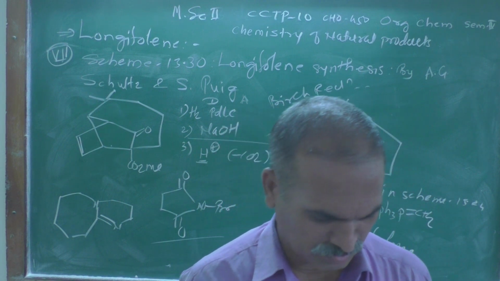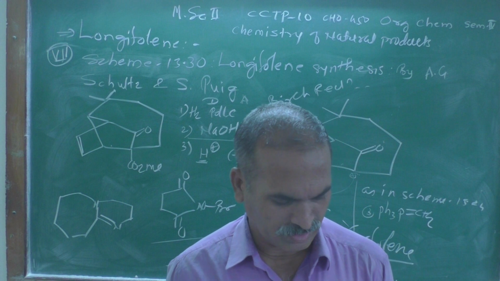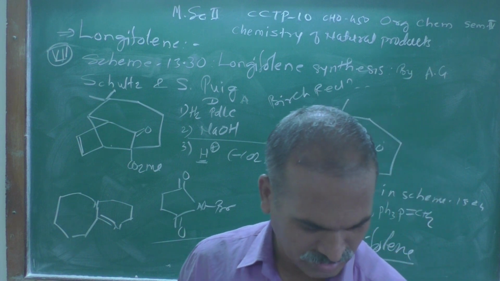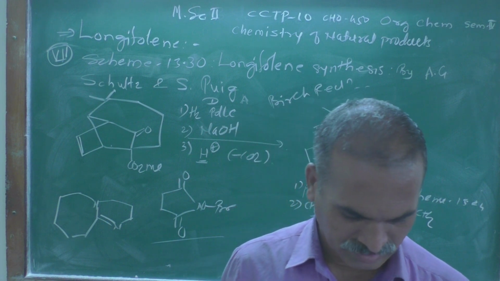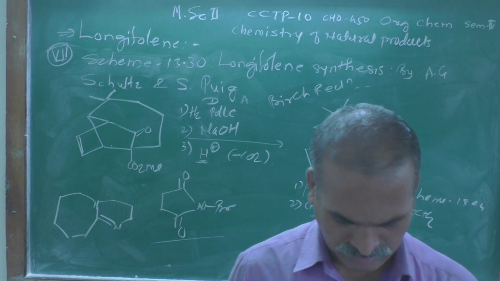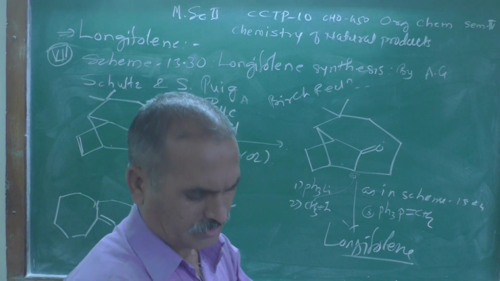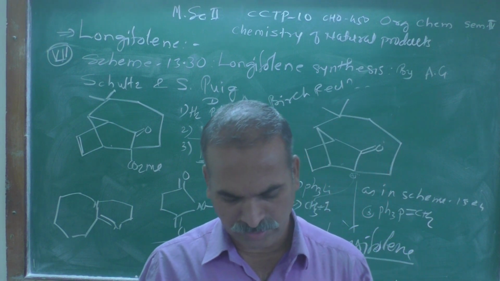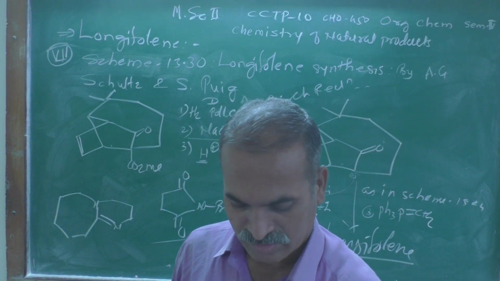The tricyclic ring was formed in step C by an intramolecular Mukaiyama reaction, and as we know the Mukaiyama reaction and all these things, these are the reactions we have described. How we are getting the remaining important key intermediates, we will see in the next lecture.